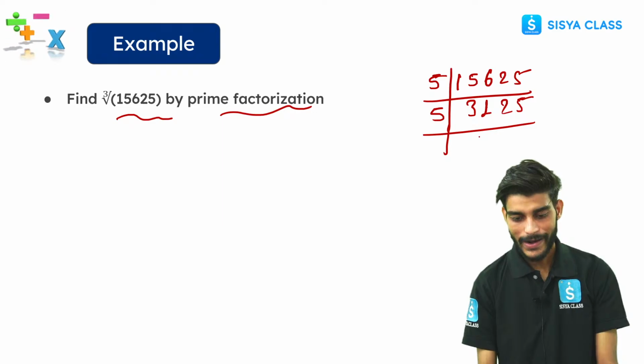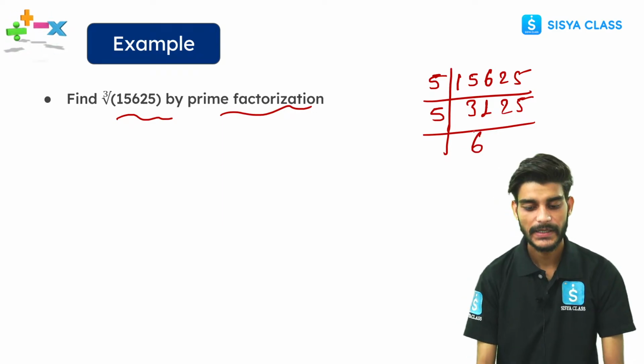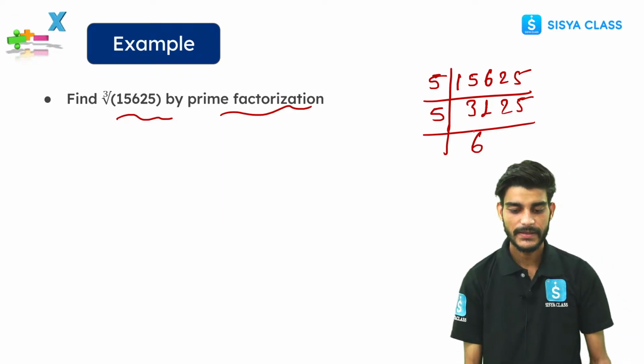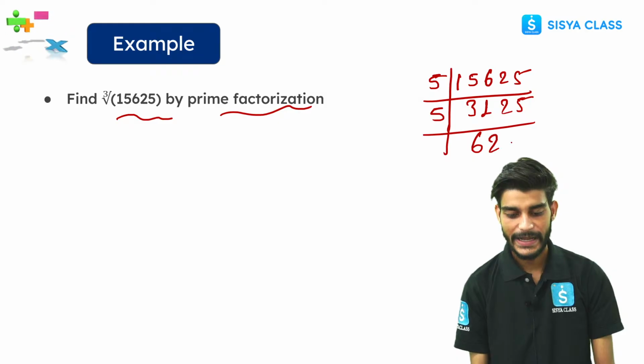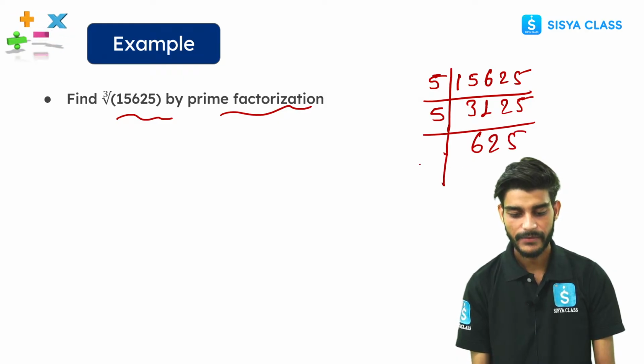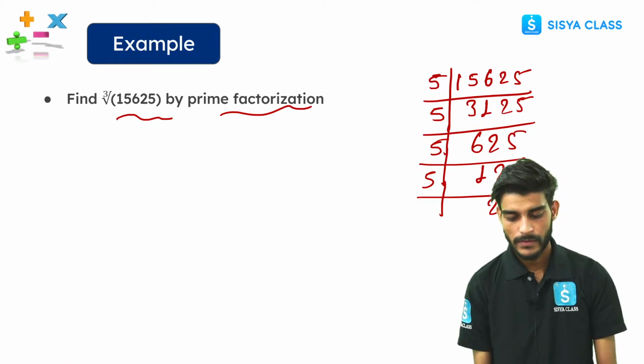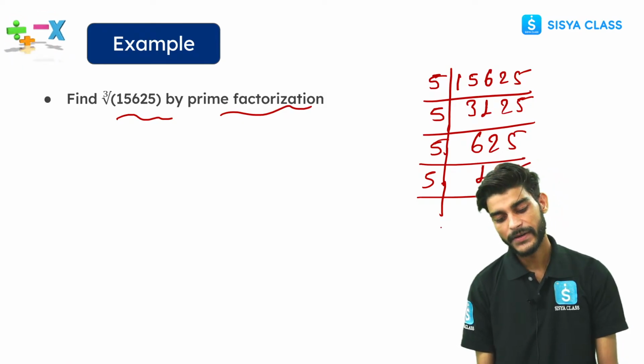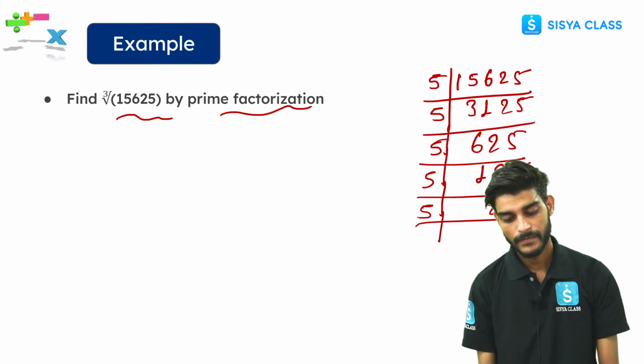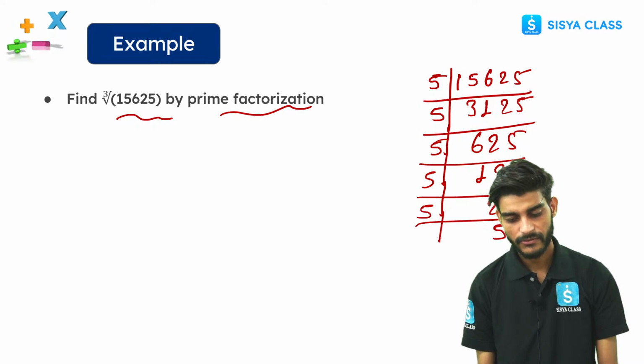Okay. 5 sixes are 30. Clear? 5 sixes are 30, 5 twos are 10, 5 fives are 25. Once again with 5, 5 ones are 5, 5 twos are 10, 5 fives are 25. 5 fives are 25, 5 ones are 5.